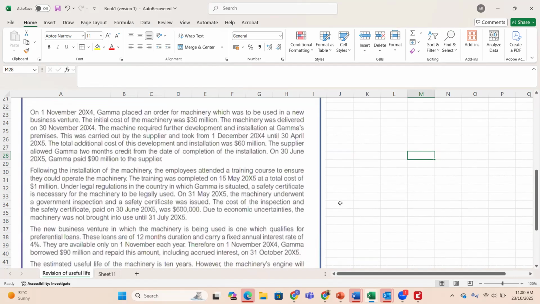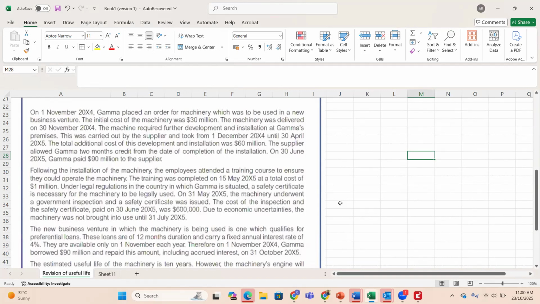The machinery was delivered on 30th November 20X4. The machine required further development and installation of Gamma's devices. This was carried out by the supplier and took from 1st December 2004 until 30th April 2005. The total additional cost of this development and installation was $60 million.